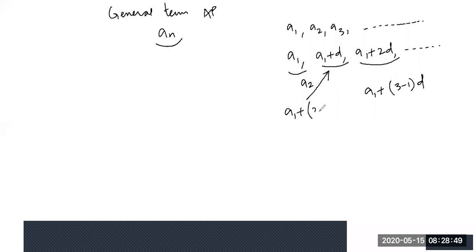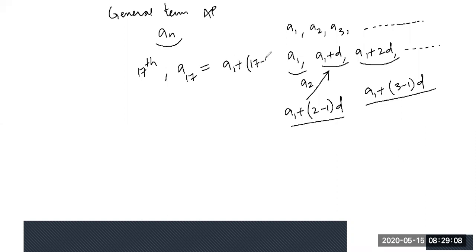So that is 2 minus 1 into D. Guys, from this, you get an intuition how to find the general term. Let's say you want to find out the 17th term. 17th term will be represented by A17. So what will that mean? Every term has A1, first term plus, anyone can say 17 minus 1 into common difference D.